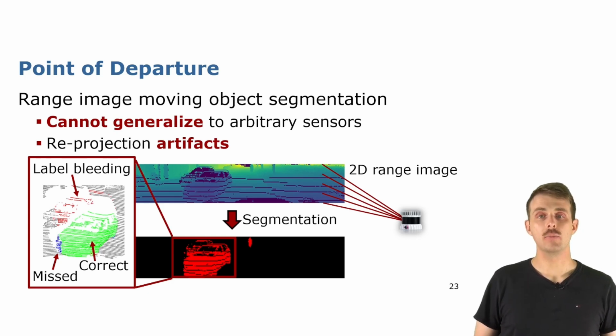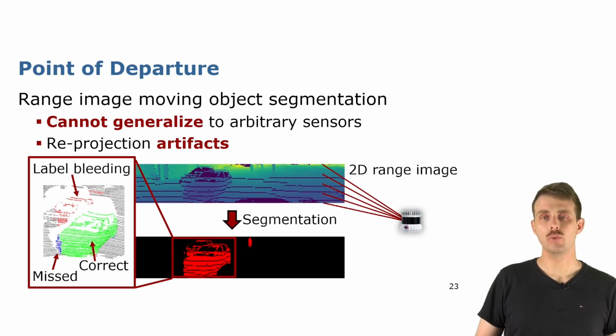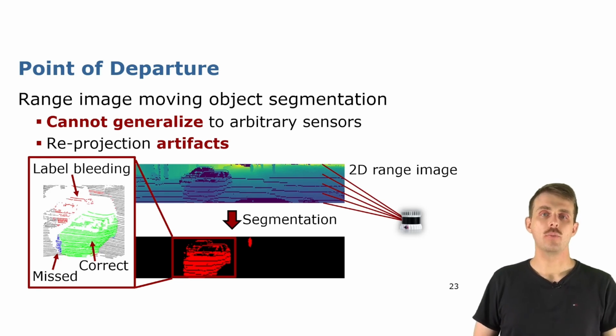If you segment the scan in this range image, here you see, for example, two moving objects that are very close in the range image. This often does not correspond to a correct segmentation in the 3D world. If we go back from the 2D range image to the 3D representation, we can see that these cars were close in the range image, but they're actually further apart in the 3D world.